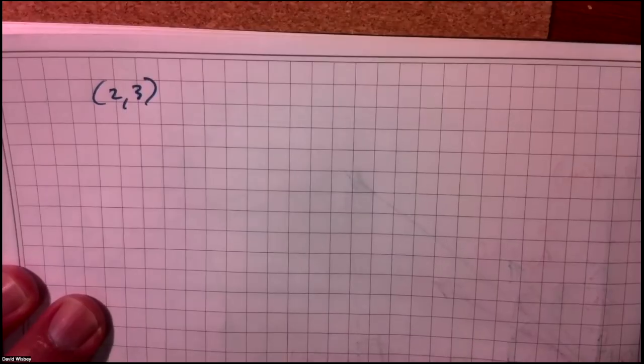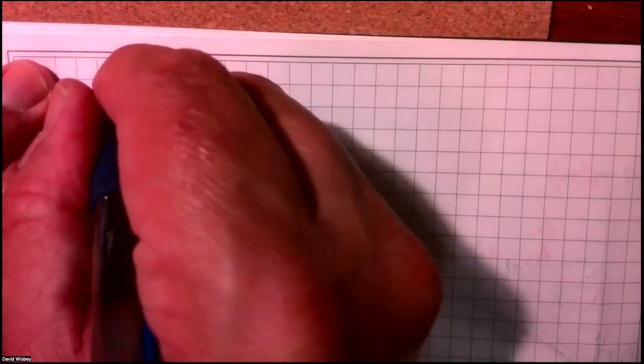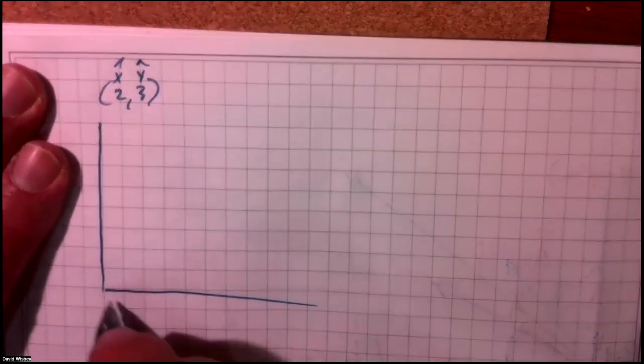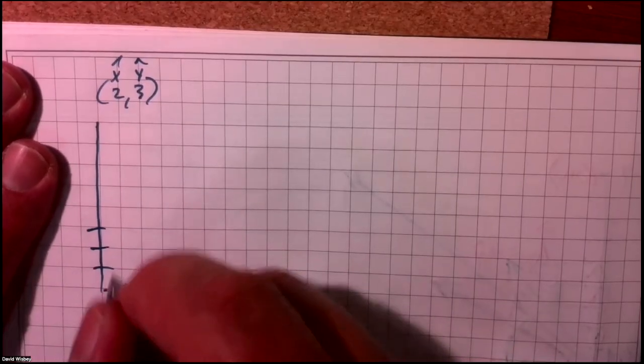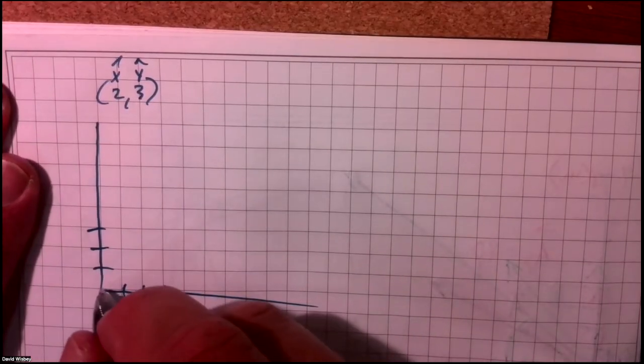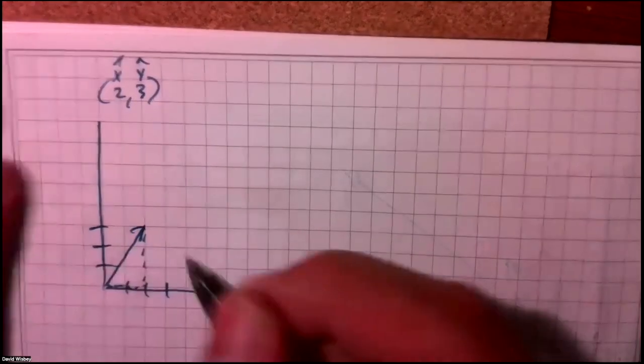If I gave you a vector 2, 3, what does that mean exactly? You could describe a vector like this, perfectly fine. This is my x component and this is my y component. We always do x and then y, so x goes to 2 and y goes to 3. I go over 2 and up 3, and there's my vector.